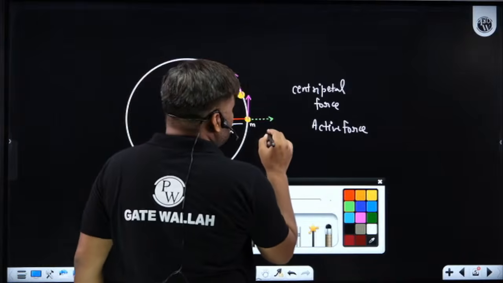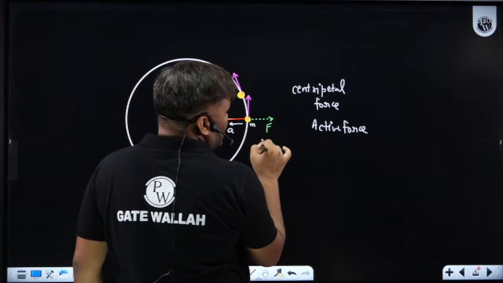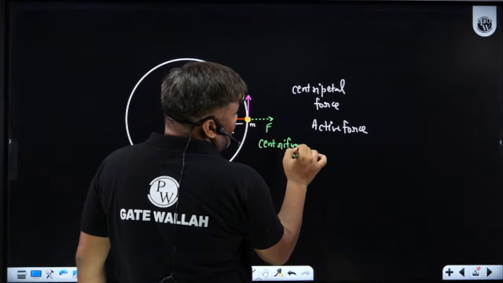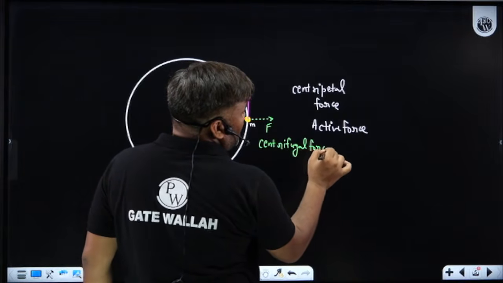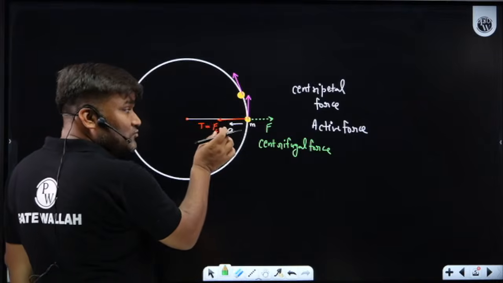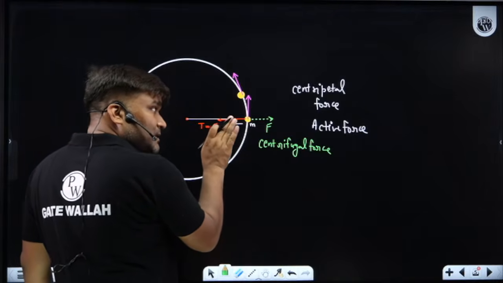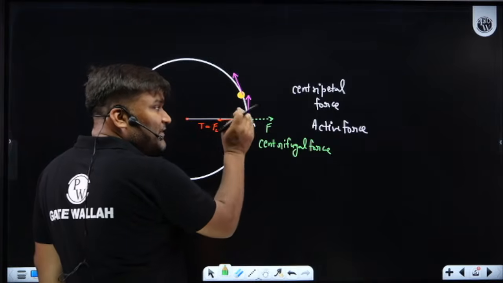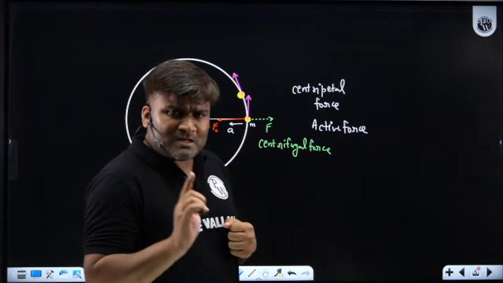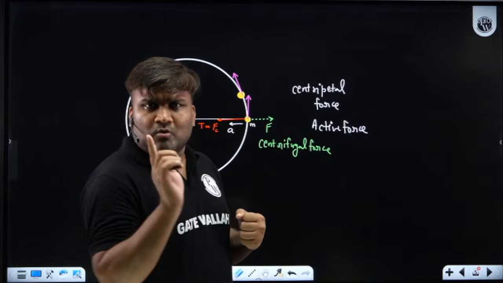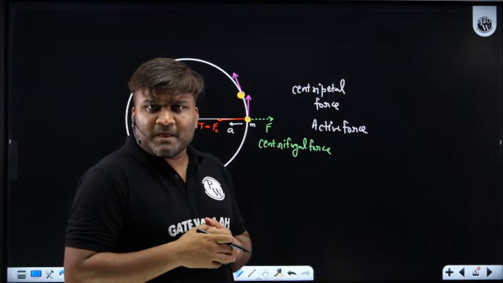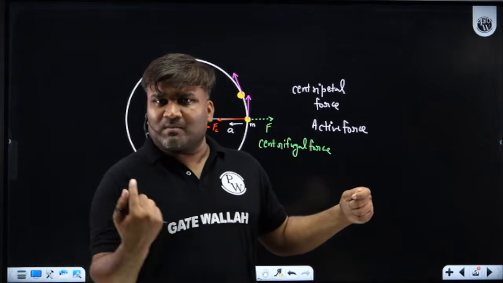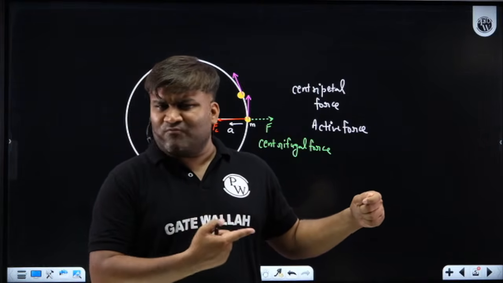This is called centrifugal force. Centripetal force was acting on it, but the person who was sitting on this will feel the effect of centrifugal force. When you are sitting on the marigold and go around that jhula, you will feel why you are making this circular motion, because some centripetal force is acting, coming from somewhere.